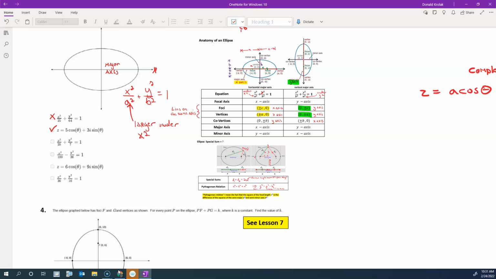And you can't do the fourth one because that's a hyperbola. Because that subtraction makes that a hyperbola, not an ellipse. Can't be that one because the real axis is shorter than the imaginary, which is not true.